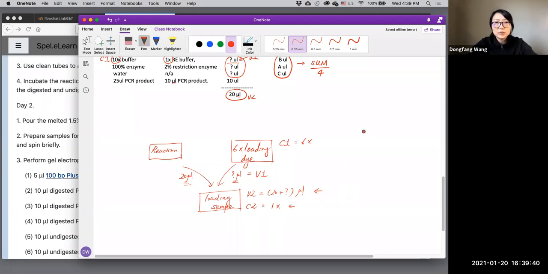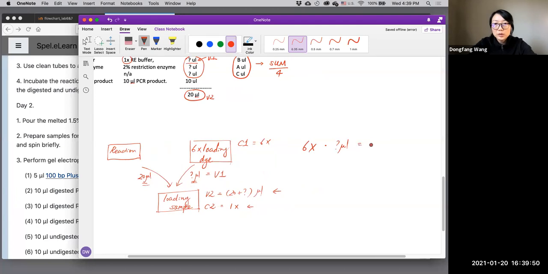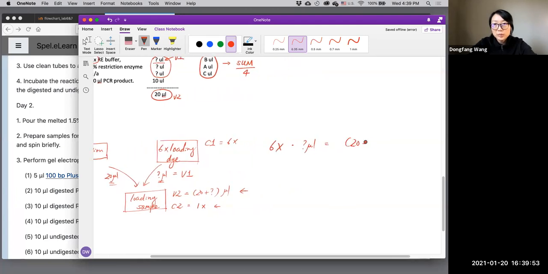Now we can set up the equation: C1, which is 6x, multiplied by question mark microliters, should equal 20 plus question mark, multiplied by 1x. Sorry, I missed the microliters here. All you have to do is cancel units first, and then move the question marks together so that you can solve for the question mark. This is what I want to say for this assignment.